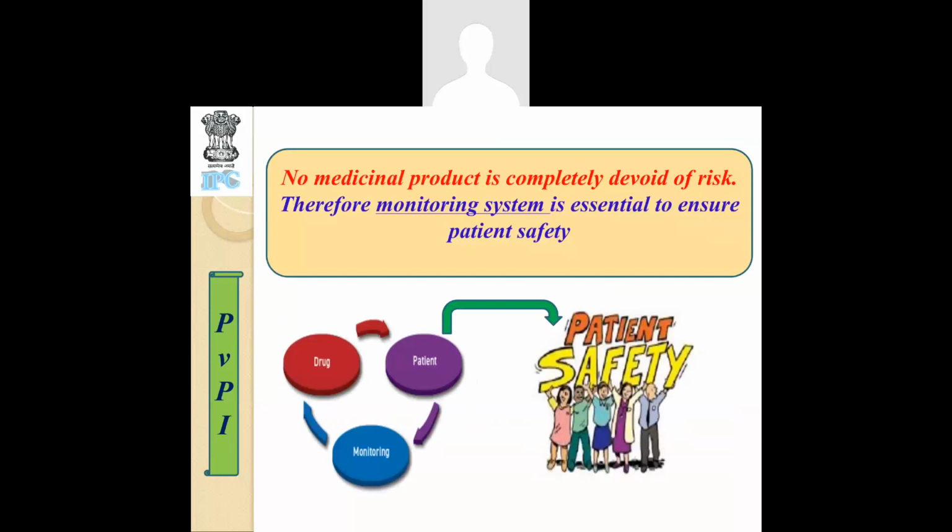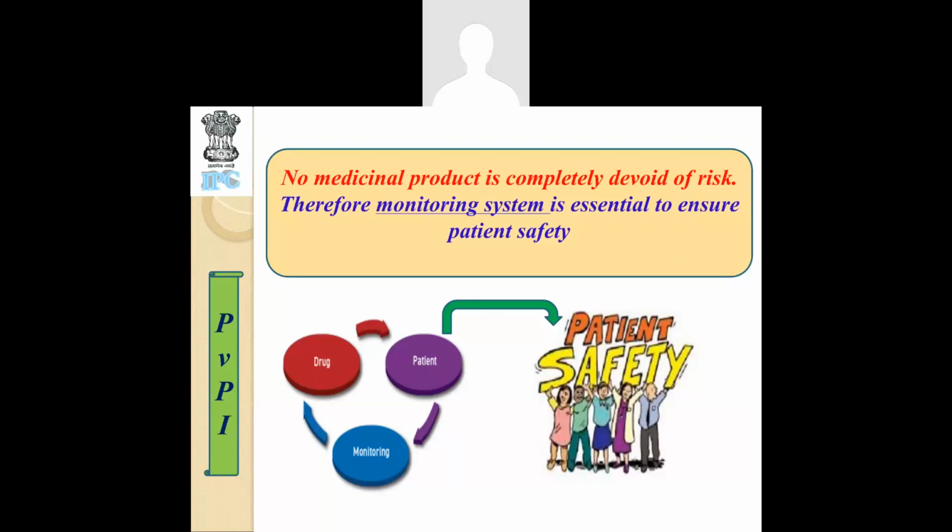So you have to monitor. That's why the monitoring system is essential to ensure patient safety. Whenever you give a drug to a patient, monitor for the safety of the patient. If he produces any adverse drug reaction, it has to be treated immediately, and we can plan the risk minimization plan: how can we minimize these adverse drug reactions in future? We will come to know if you start reporting the adverse drug reactions.